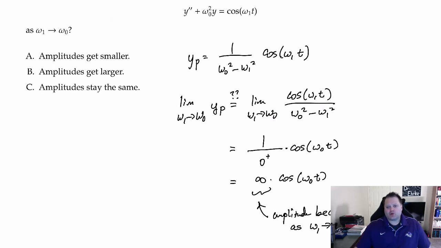That as we approach the natural frequency of the system, if I'm reinforcing the natural frequency of the system with an outside frequency of the same frequency, then we get this linearly increasing, but infinite response. So the amplitudes get larger as the forcing frequency approaches the natural frequency. That's the moral of this example.